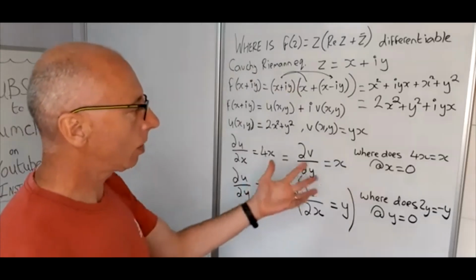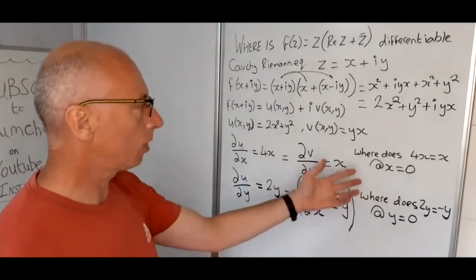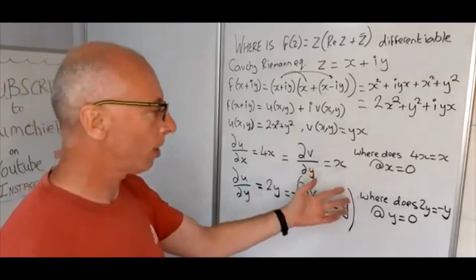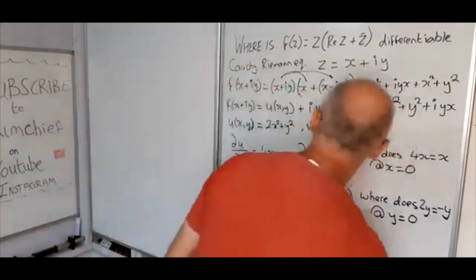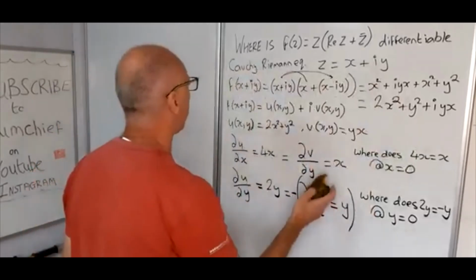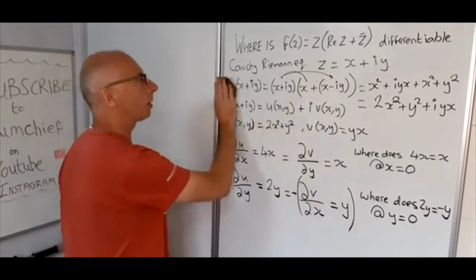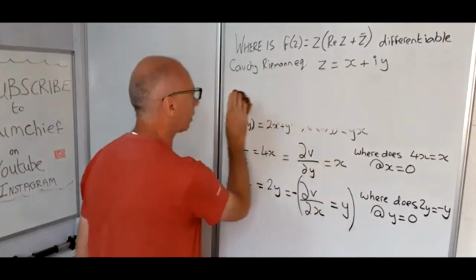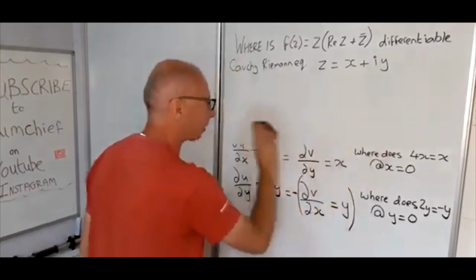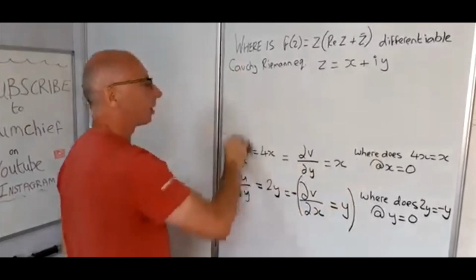Okay, so now we go on to what we can see is where this function is differentiable, and these equations have shown us that. So if I just wipe this out now, because we've worked all this out, let's just work on here now.